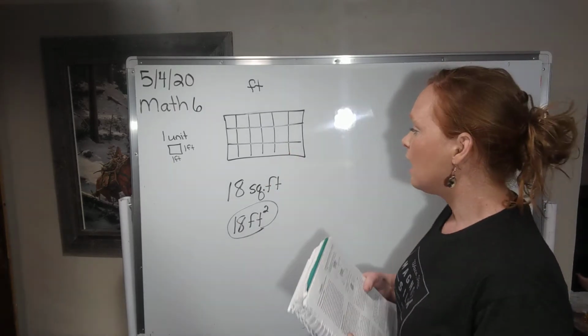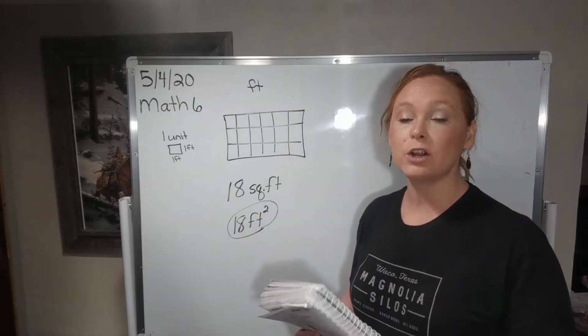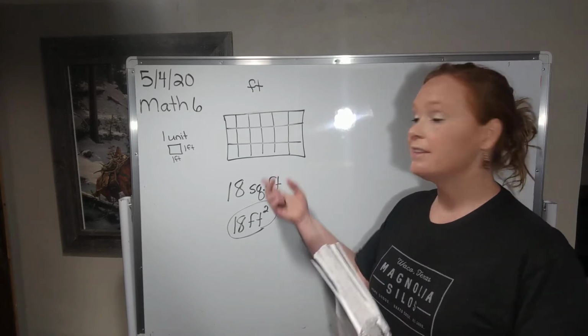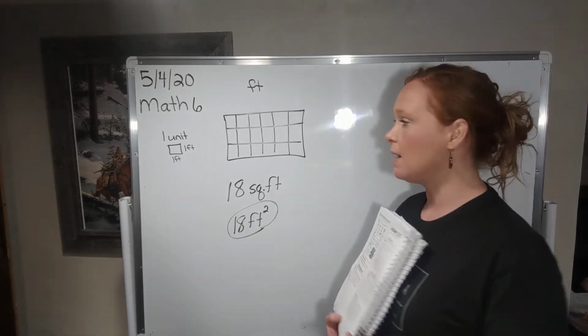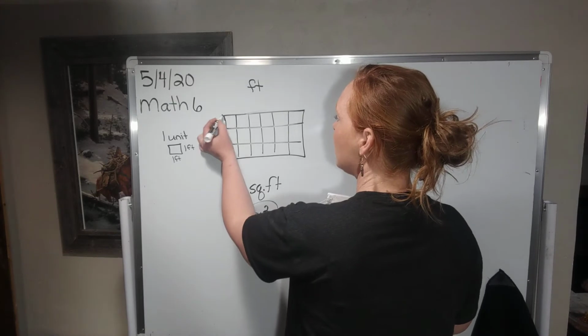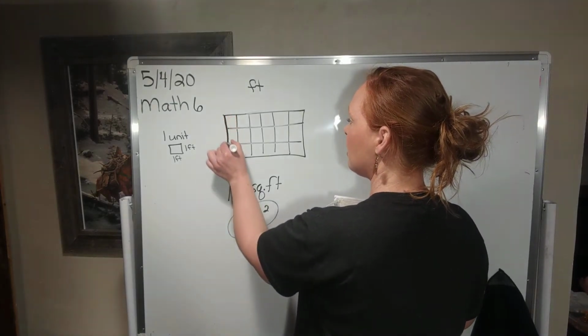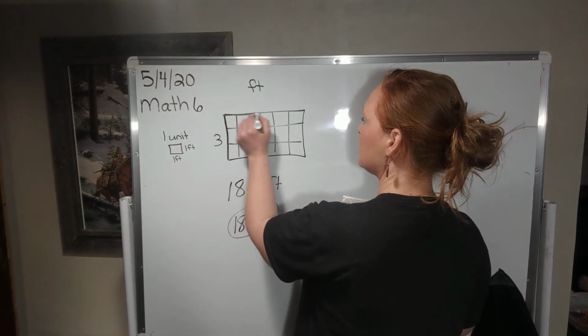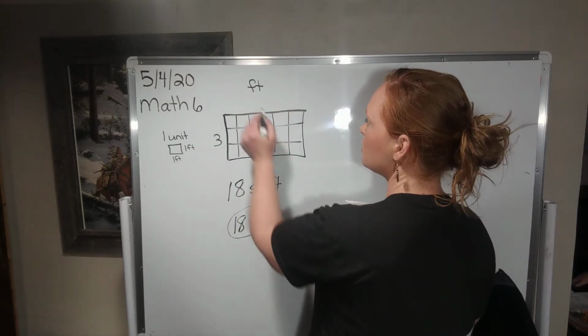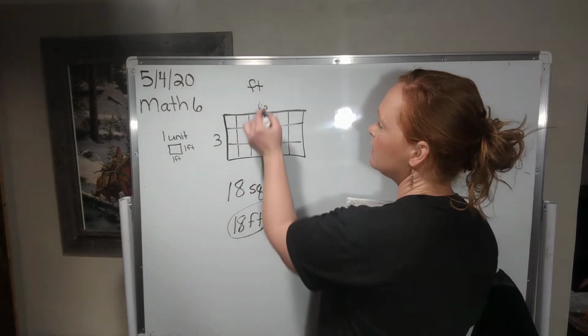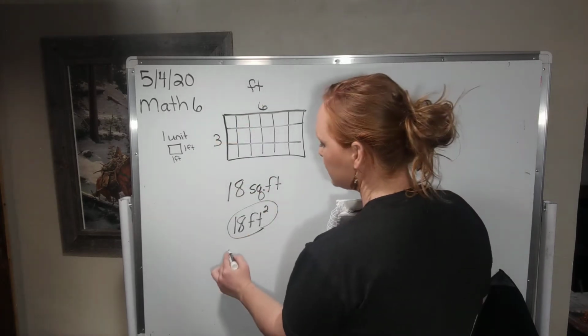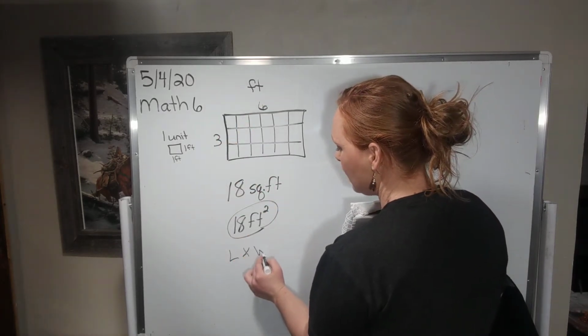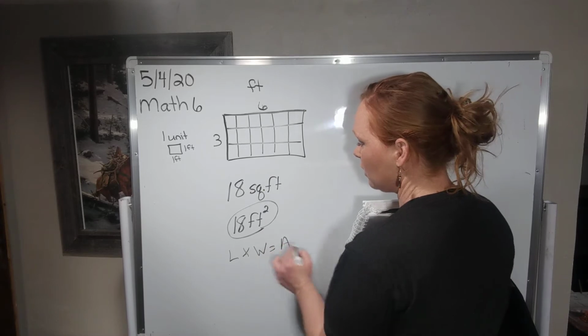Now, let's talk about some quicker ways that I could do this besides drawing all the squares inside the shape. Well, one way is I could measure and see how many boxes are going down, 3, and how many boxes are going across, 6, and I could say that 6 times 3. I could say the length times the width will give me the area.